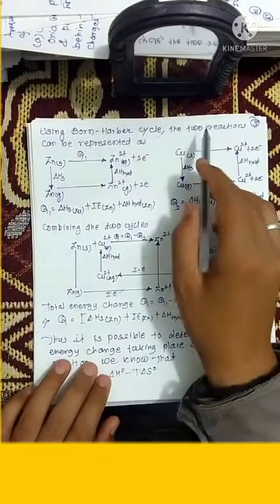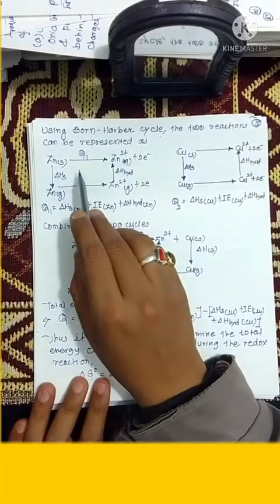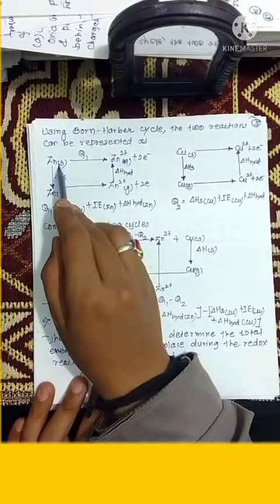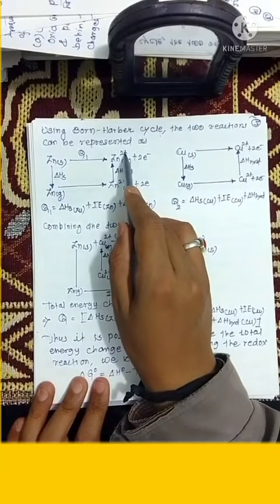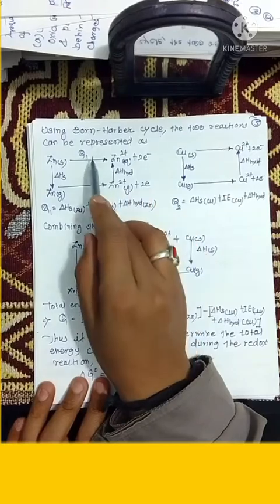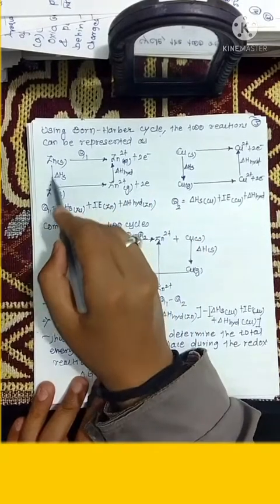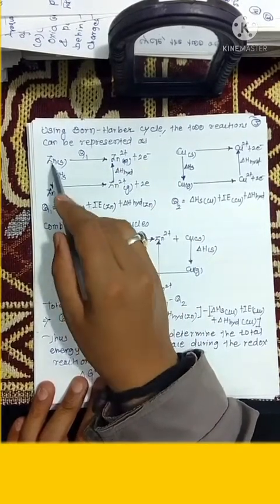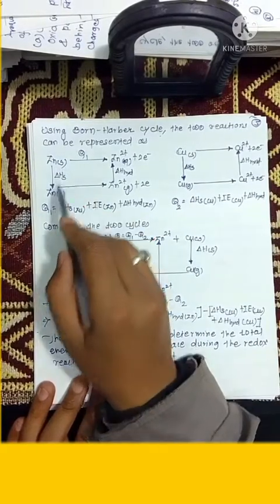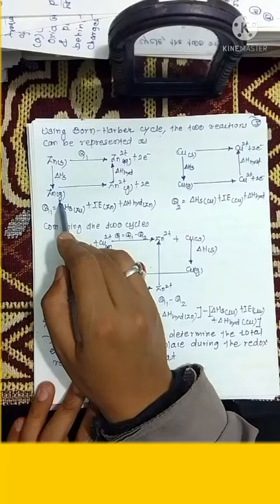Now by using Born-Haber cycle, the two reactions can be written as follows. So this is the first reaction, that is zinc solid gives you zinc 2+ and 2 electrons. It is straight written here. Now by using Born-Haber cycle, we can write this reaction like this. This zinc solid is first converted into zinc gas.